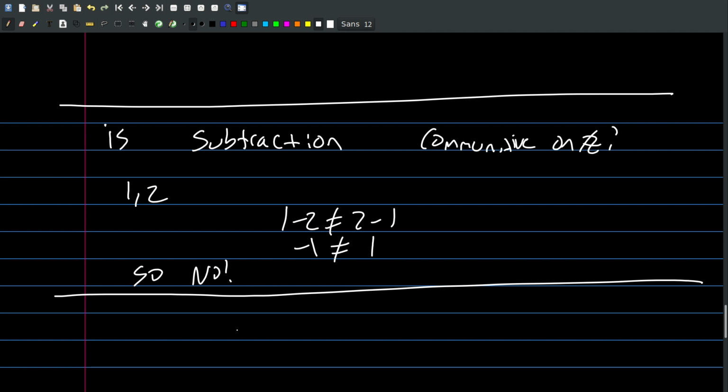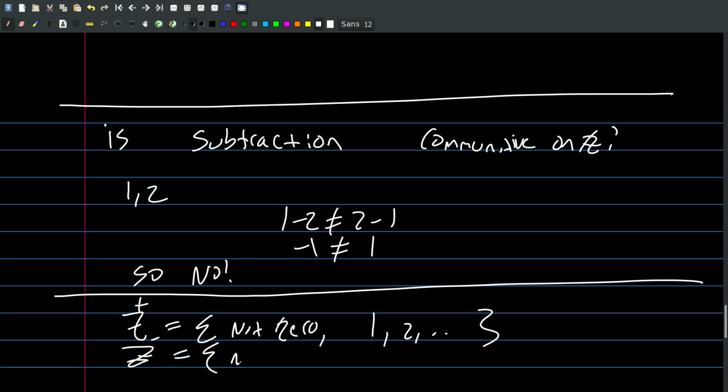Now when you think of different subsets like the positives, it's not 0. And it would be like 1, 2, to infinity. And same goes for the integers, not 0.